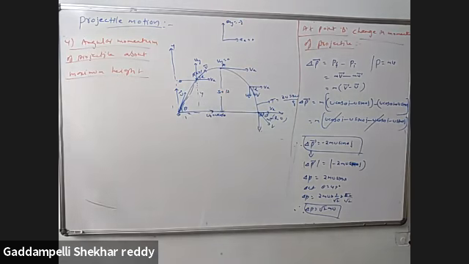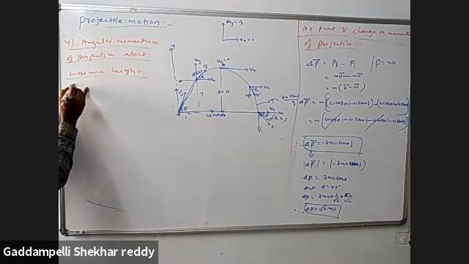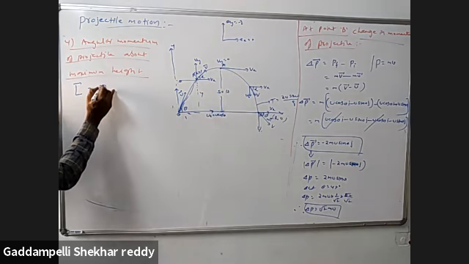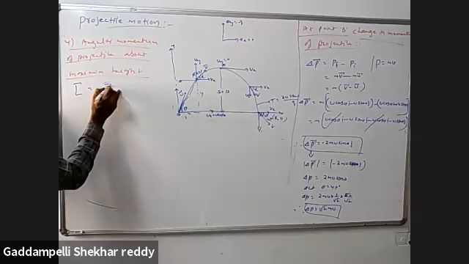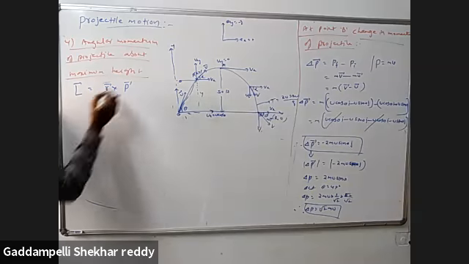So angular momentum, we know that L bar is equal to R bar cross P bar.